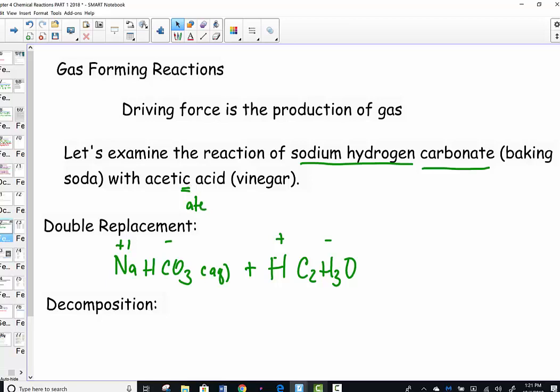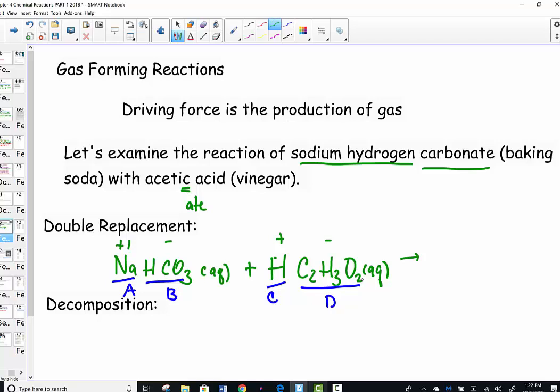H+ makes it an acid, the acetate ion, and it comes out electrically balanced. Keep in mind the 4 characters. We have compound A, B, reacting with compound C, D. Oops, I missed. Sorry, there's a 2 with that oxygen. I missed that. C2H3O2 is the acetate.